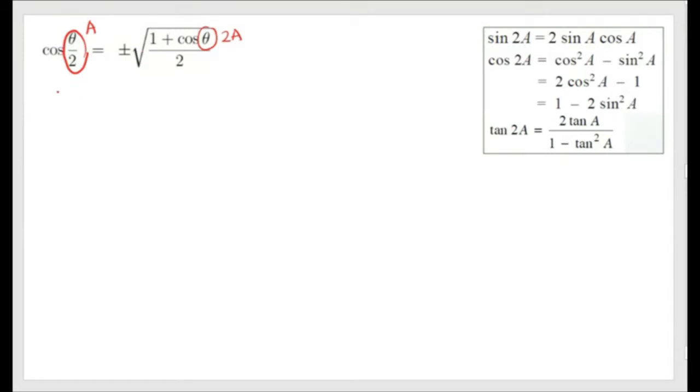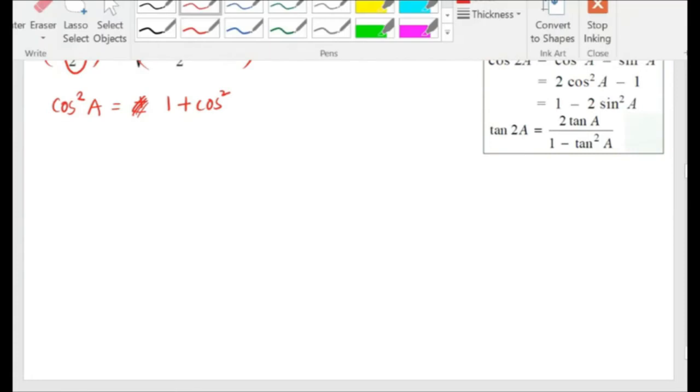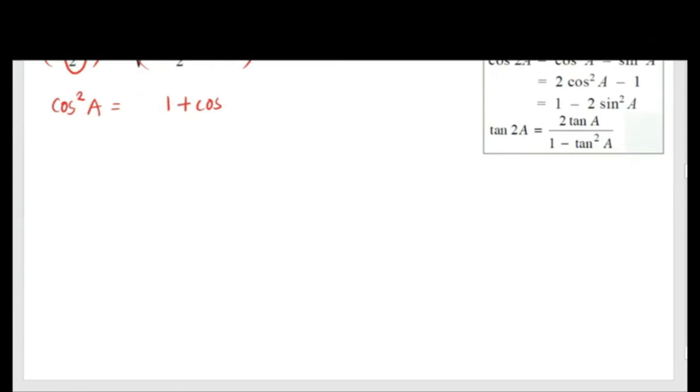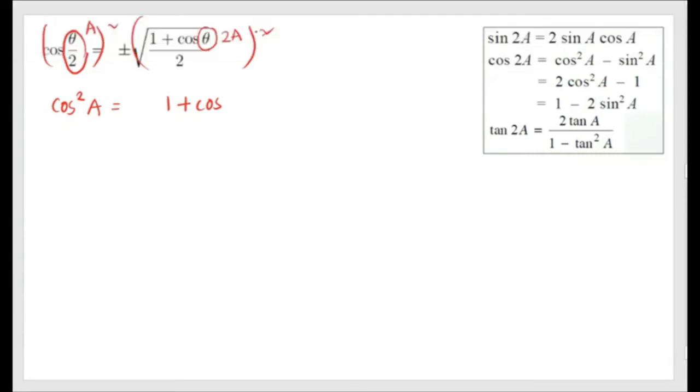We don't want the plus minus and square root, so we change it into cos square a equal to 1 plus cos 2a over 2.